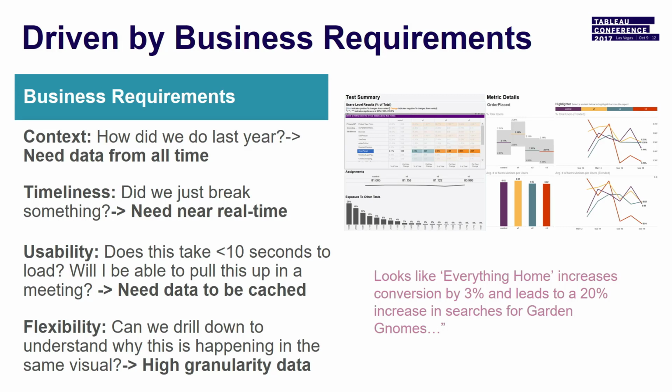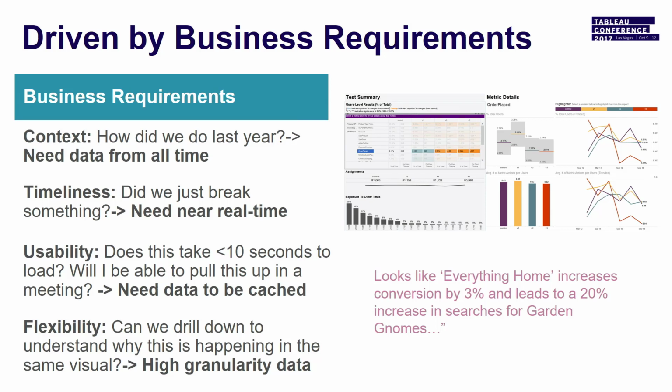So we want to know, even if this isn't a direct "this feature is broken," did we do something that is impacting the customer experience in such a way that we're just driving them off? And we want to know that quickly to avoid revenue impact. And then, even if we've done both those, we need it to be usable so that people actually look at it, get those insights, and aren't trying to pull this on their own.